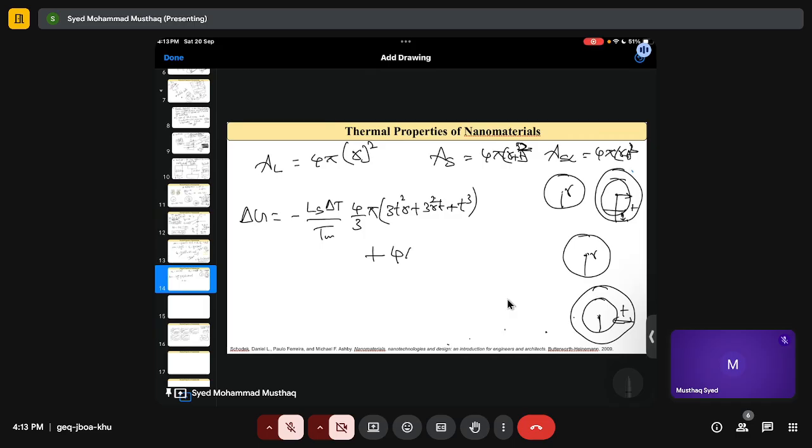So this should be my R minus T because it is R, right? So that's why my liquid will also have the same radius as the solid. So gamma L minus 4 pi R square gamma S plus 4 pi (R minus T) whole square gamma S.